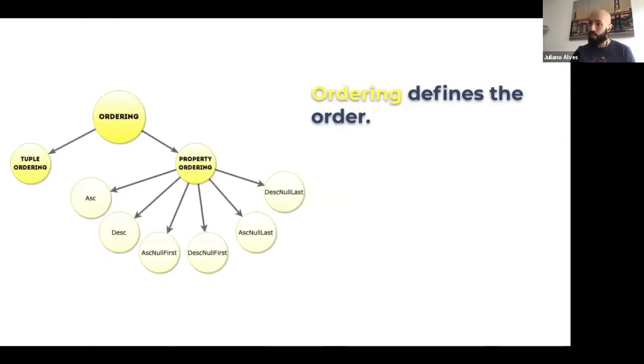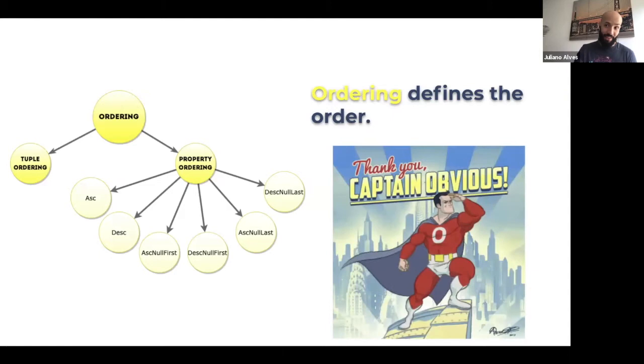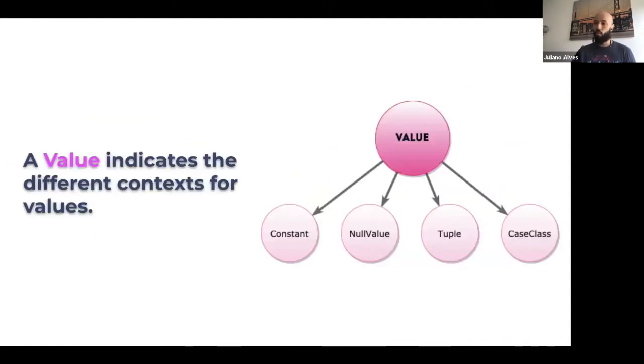The next one is ordering, and ordering defines the order, obviously. We have what is considered a value, given different contexts inside Quill, being constants, no values, tuples, case classes. It's smaller than expected. What is considered a value?